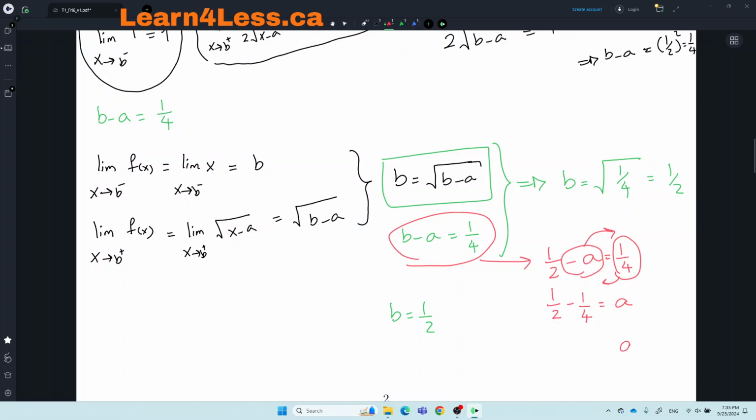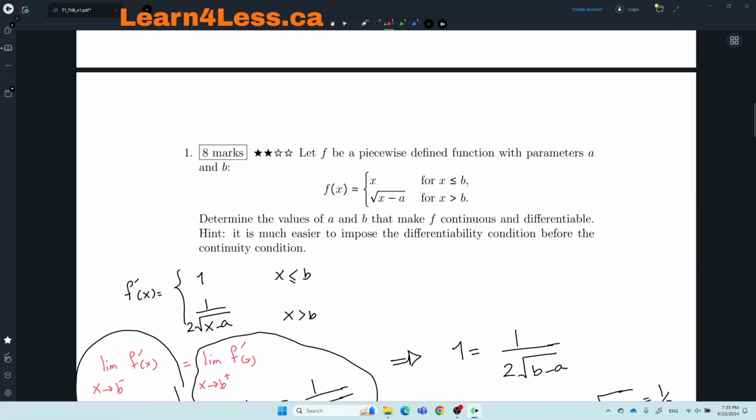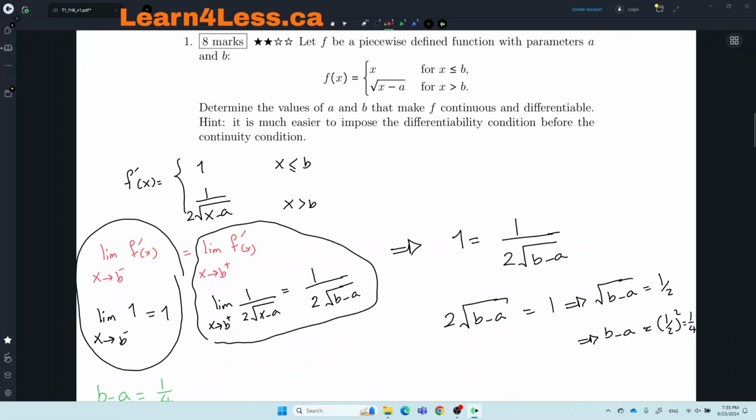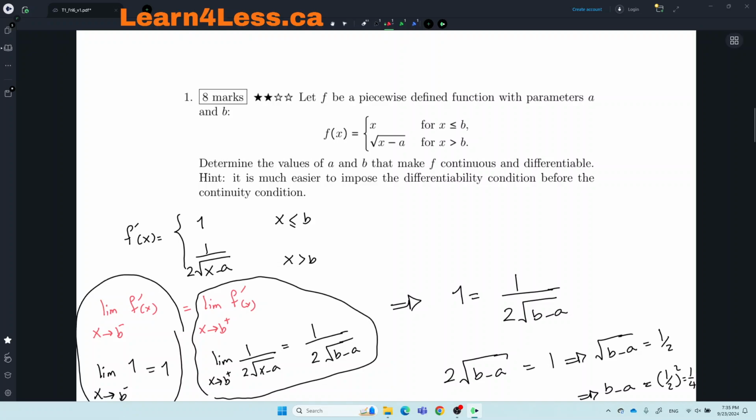So basically a is equal to 1 over 4. So with a and b equal to 1 over 4 and 1 over 2 respectively, we make sure that this function is continuous, and because its derivative is also continuous, it will be differentiable as well.